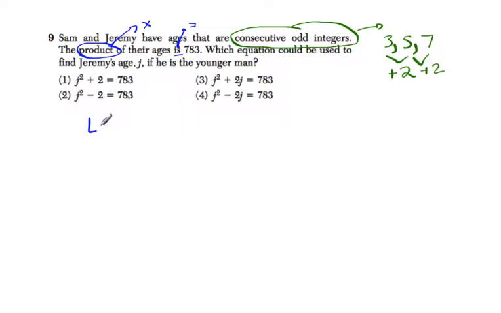So we could say let J represent, just going to shorthand it here, Jeremy's age. So whatever J is in our equation, that will represent Jeremy's age. So Jeremy's younger, so Sam's older than Jeremy and their ages are consecutive odd.